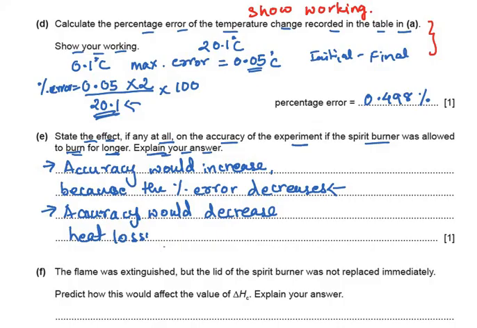So the enthalpy change calculated would not be accurate. So heat loss is greater. That reason we can write: because heat loss is greater, enthalpy change of combustion won't be calculated to a greater accuracy. So these are the two reasons. The only thing is that we need to explain any one answer and one reason.